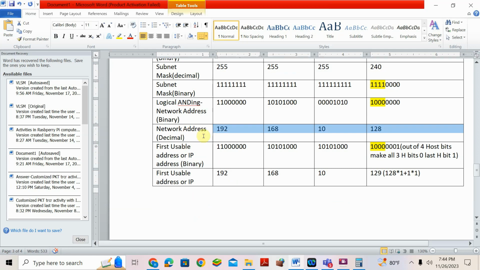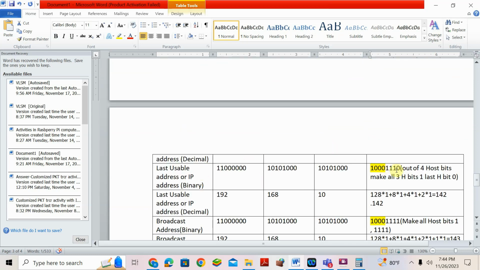Now the first usable IP address means in the host portion, we have four host bits, so first three zero, last one one. So it will be one followed by zeros and a one, 128 plus 1, 129.